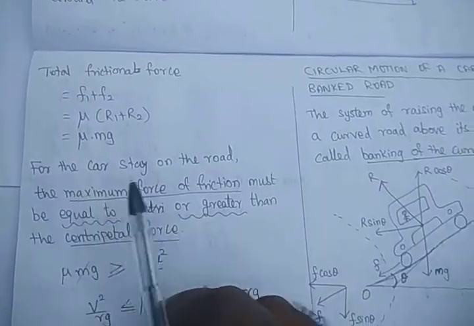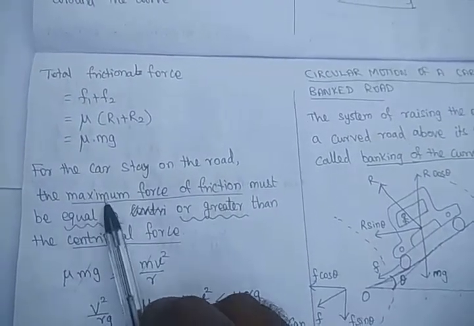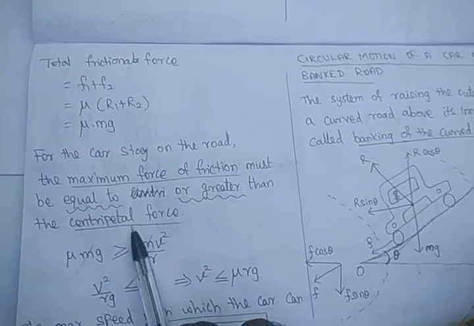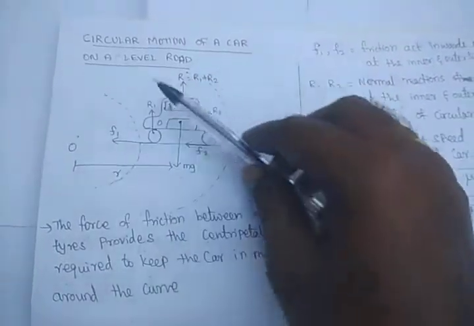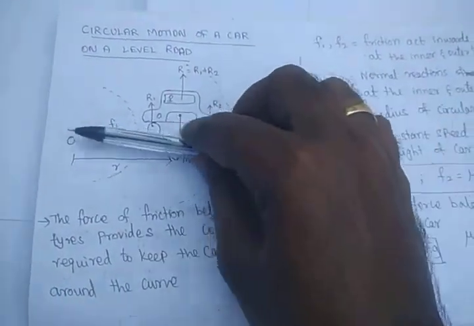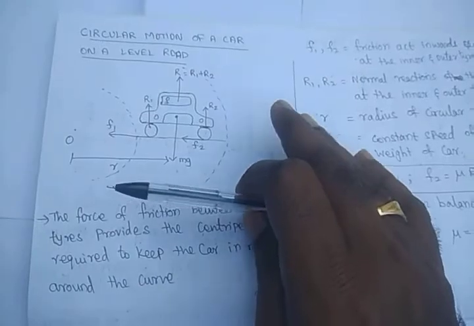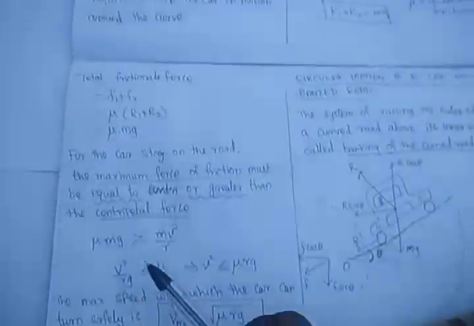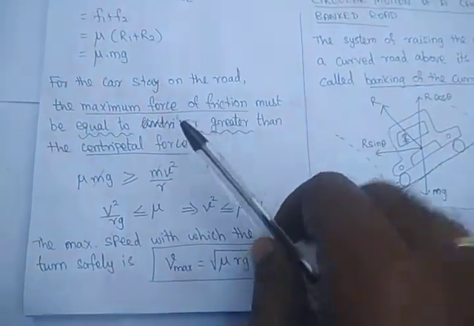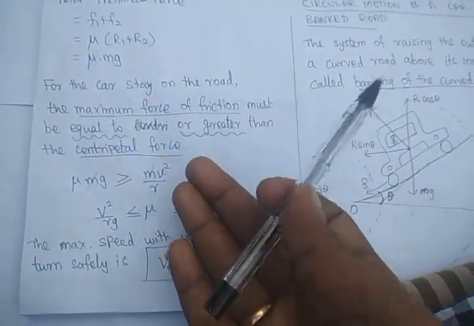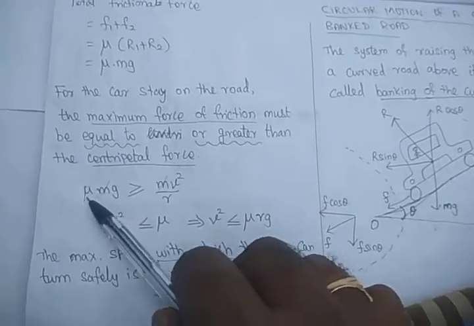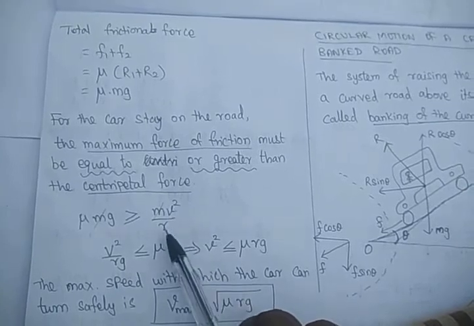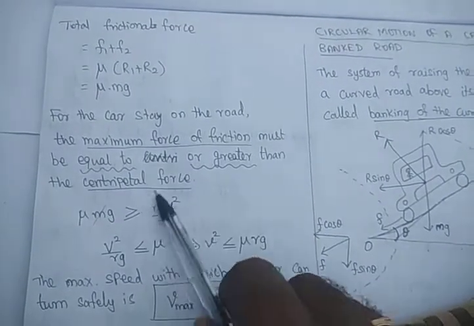For the car to stay on the road, the maximum force of friction must be equal to or greater than the centripetal force. If the frictional force is at least equal to the centripetal force, only then will the car stay on the road. Otherwise, the car will slip. So mu mg is greater than or equal to mv squared by r, the centripetal force formula.